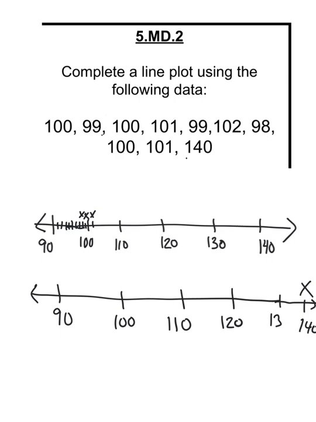Staying organized is so important. Okay, got my 140. Now let me come back over here. Got my 100. Got my 99. 100. 101. This is better. 99. 102. 98. 100. 101. So much better. Get rid of this.